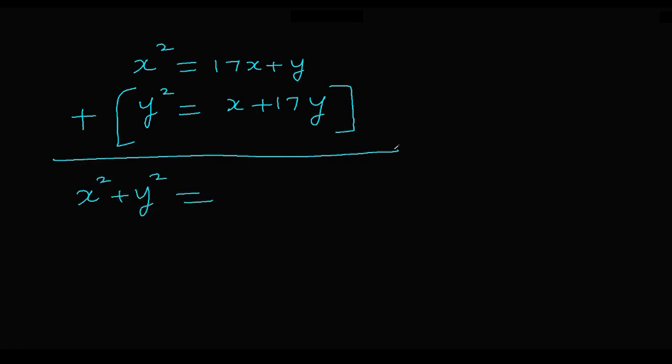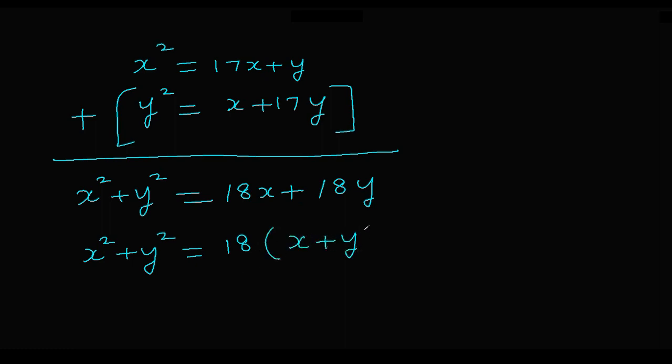Add the right side separately, combining like terms: 17x plus x is 18x, and y plus 17y is 18y. Now there is no formula for x squared plus y squared, so let me keep it the same. x squared plus y squared is equal to 18 times x plus y, since 18 is the greatest common factor, I am taking it out.